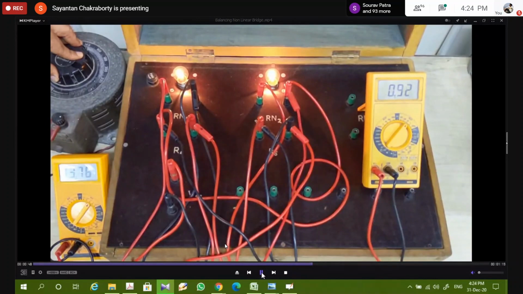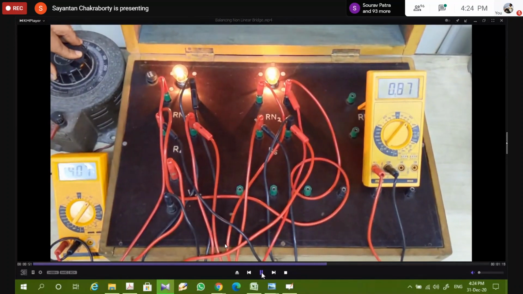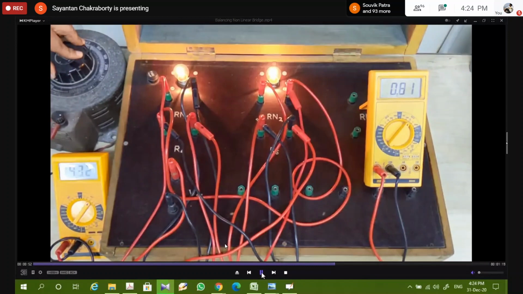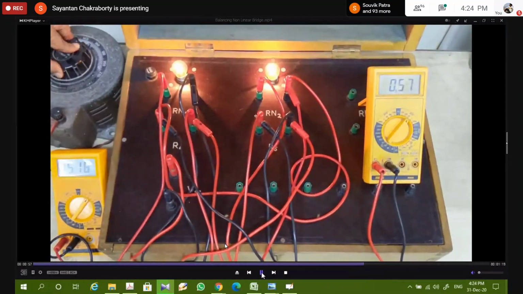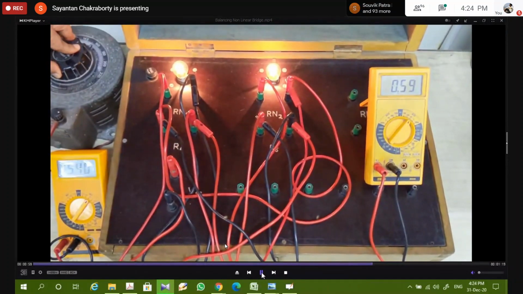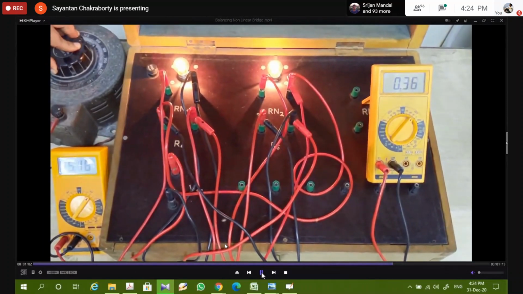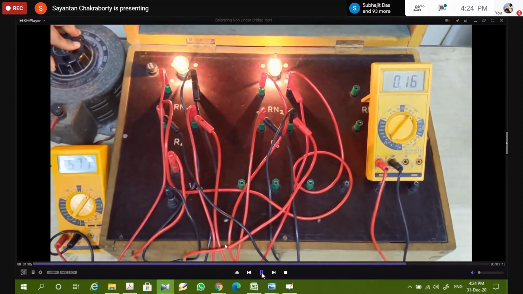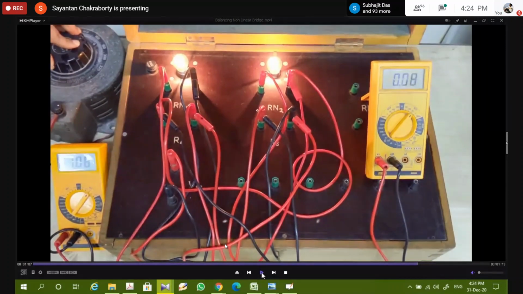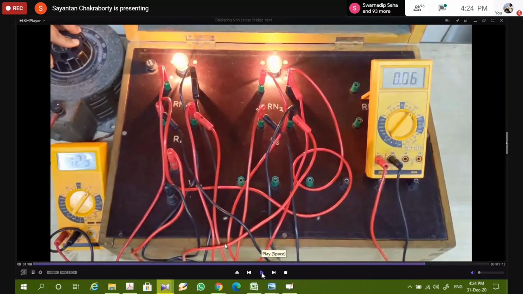Output is still decreasing. Still decreasing. 0.08, almost it has come to a null position or a balanced position, right?